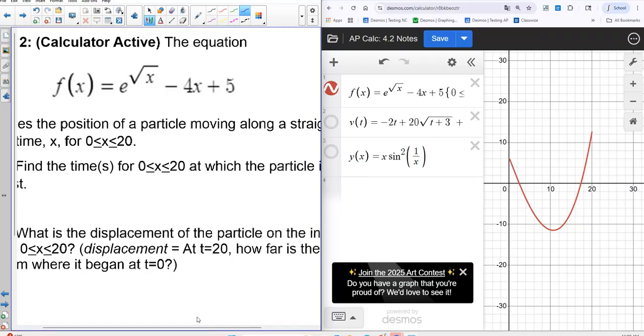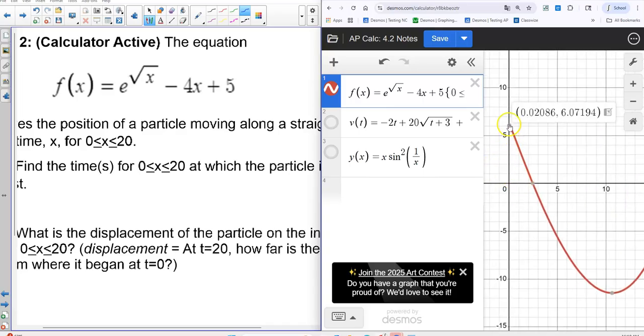So let's think about what's happening here on this graph, right? We want to know when the particle would be at rest. This is my distance, still position right here. These numbers are crazy because this is a crazy equation.